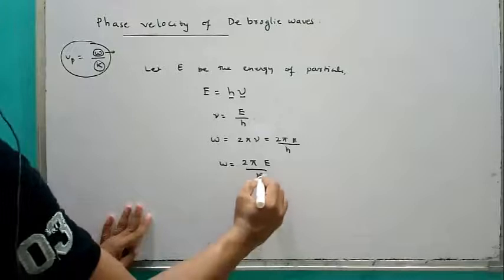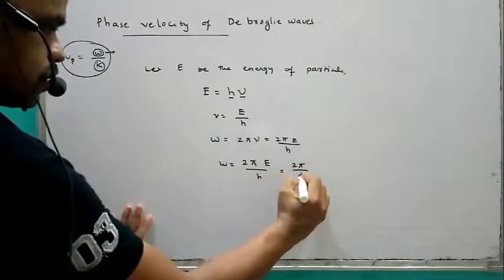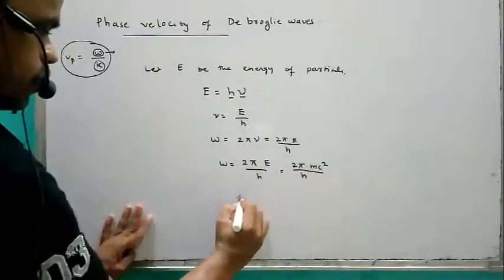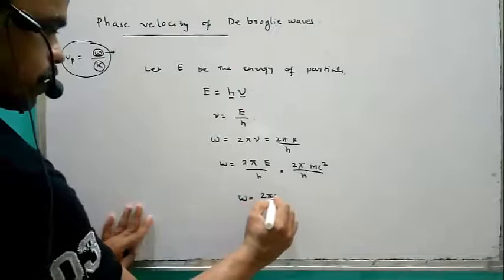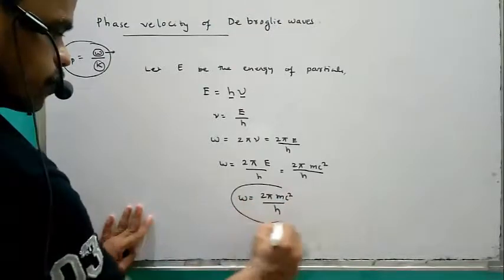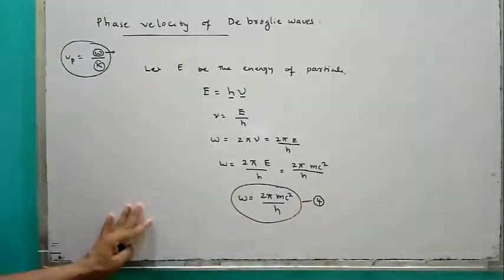According to Einstein's equation, E equals mc square. So finally we got omega, the angular frequency, equal to 2 pi mc square by h. So this is equation number 4.